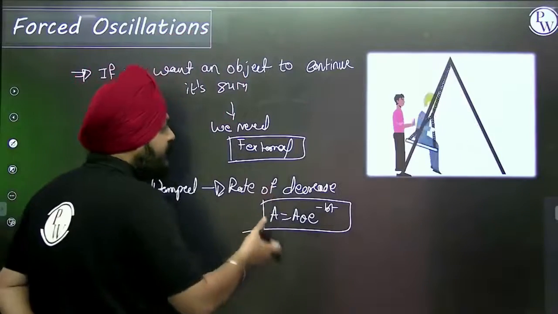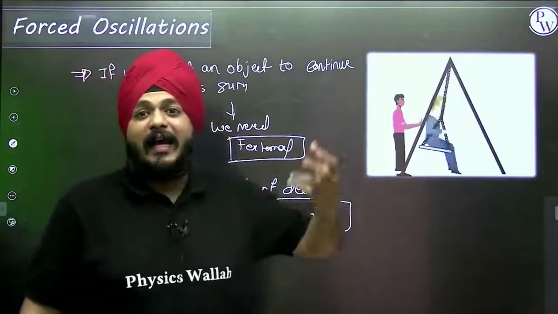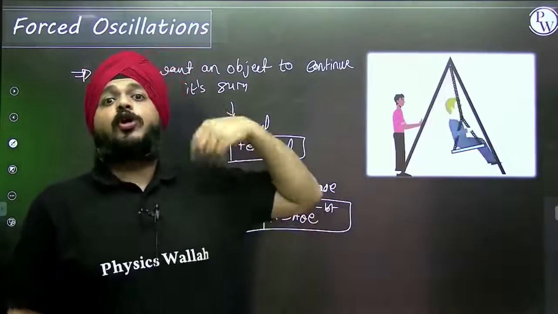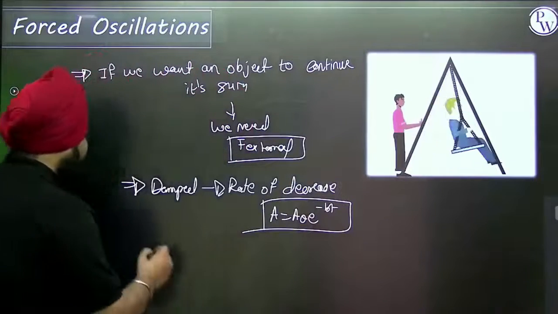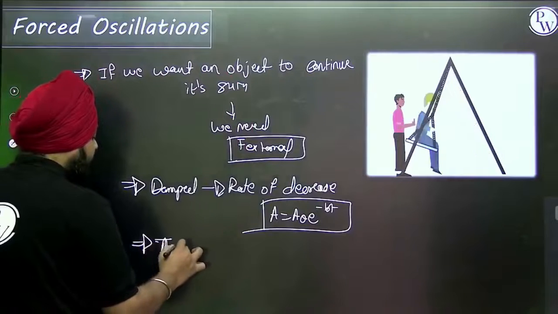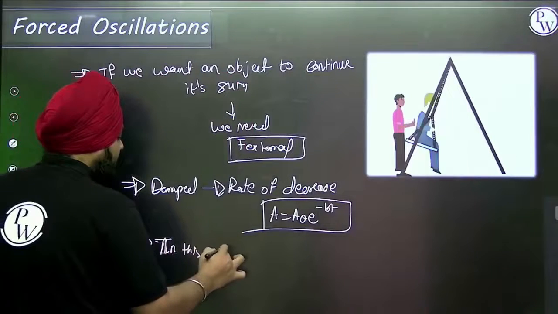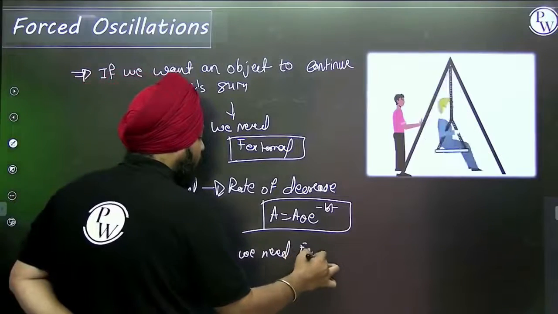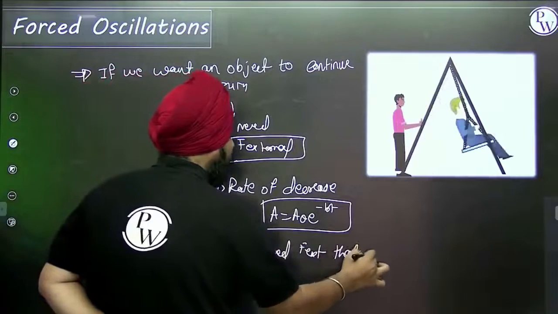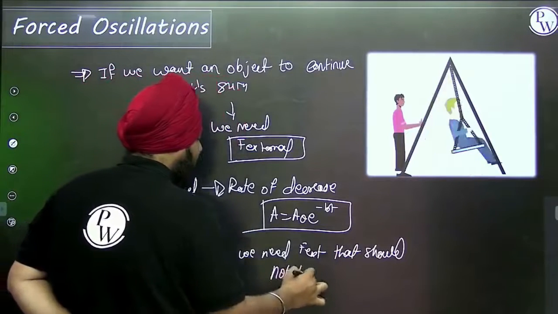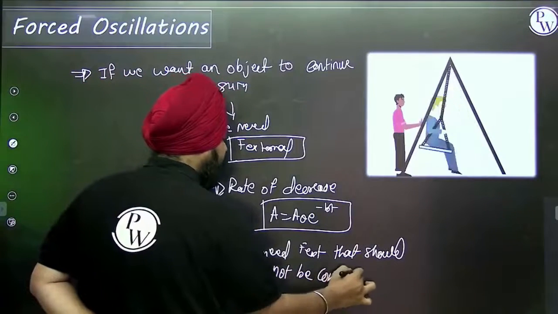So if this is not uniform, then we need an external force that should also not be constant in nature.